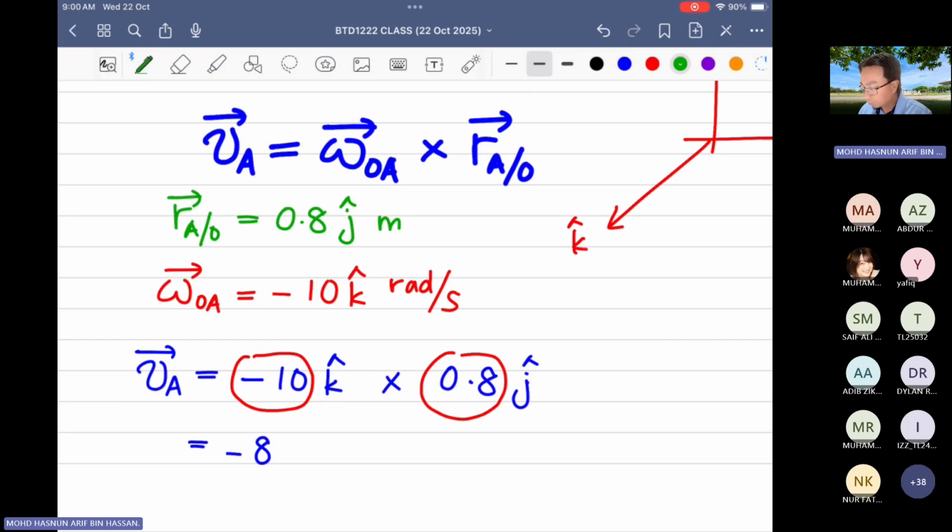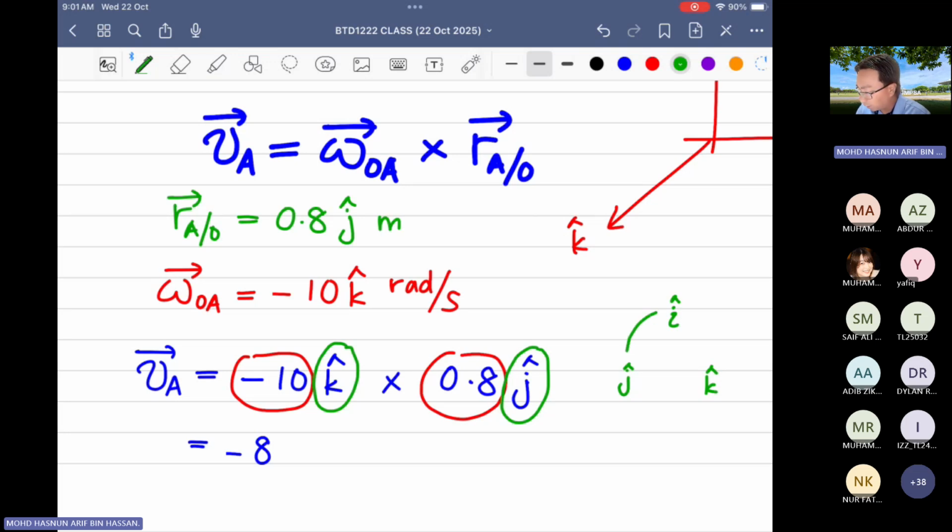And now, we will do the cross product of the unit vectors k cross j. So how to do this? We do i, j, and k in the anti-clockwise manner.